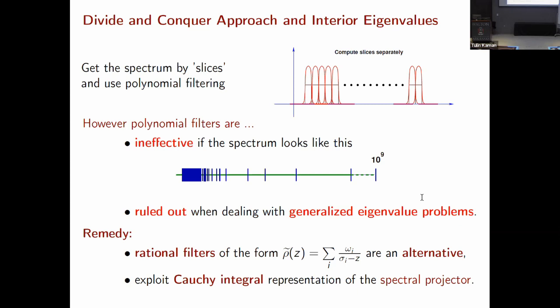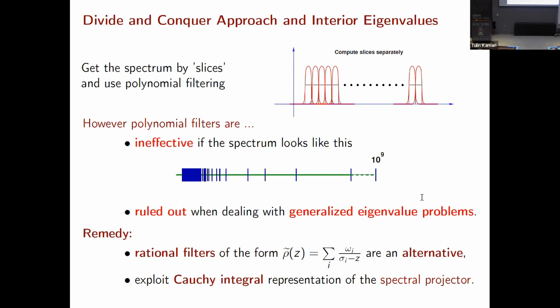So there is a large class of what are called rational filters to deal with this, and I'm still talking in the context of linear eigenvalue problems, as an alternative. Instead of polynomials, we use rational functions, which give better behavior if we have a spectrum of this form, such that we can build a rational function that approximates, or represents, this spectrum, and then incorporate these rational filters in methods like Lanczos or Arnoldi for calculating the eigenvalues.